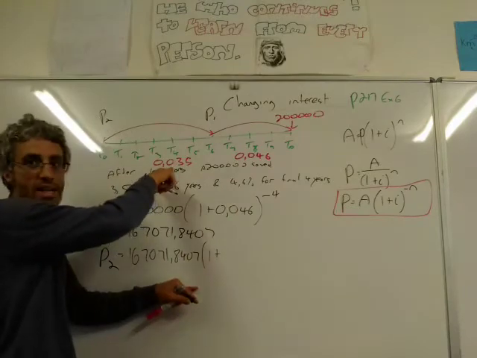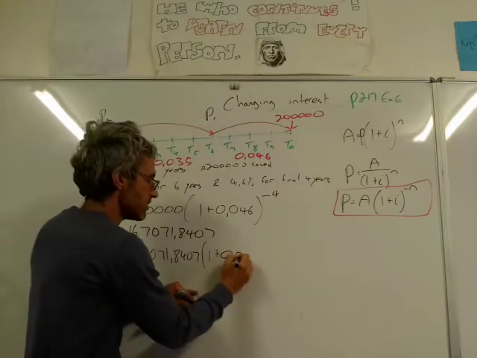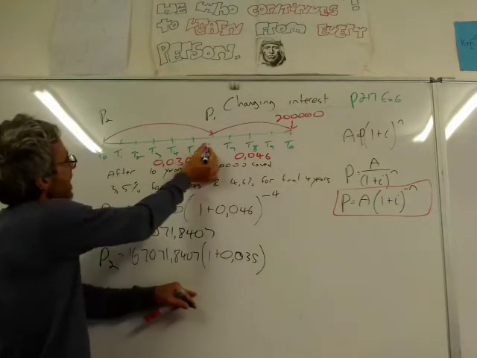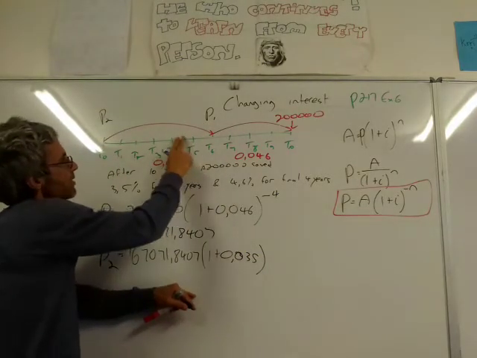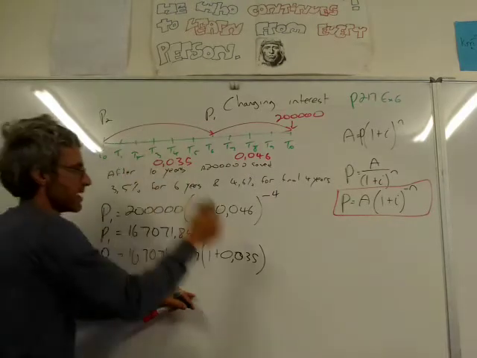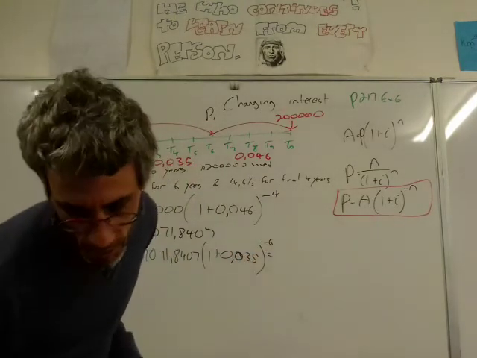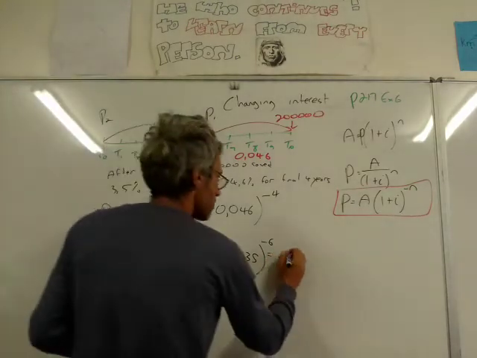What is i now? i is 0.0035. And what is n? n is 6 years, right? 1, 2, 3, 4, 5, 6. So minus 6.